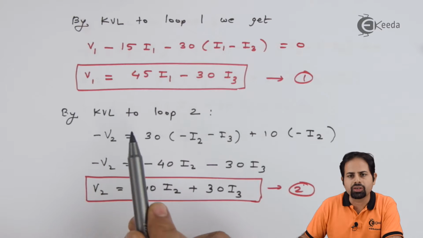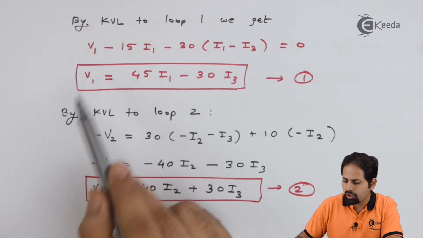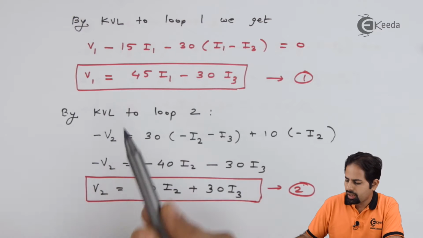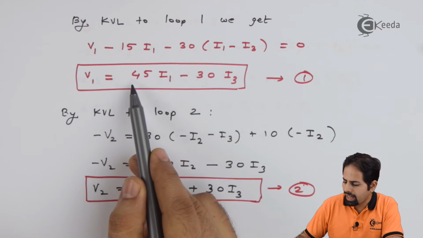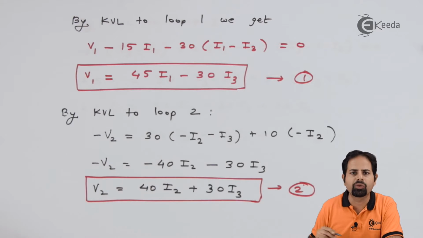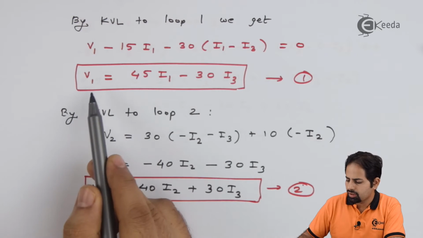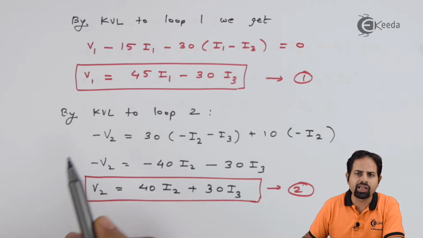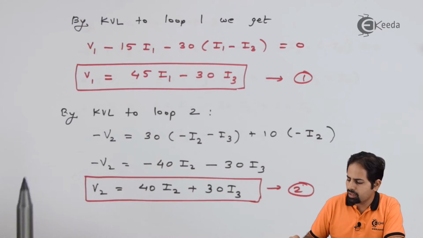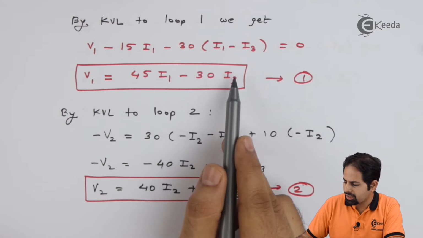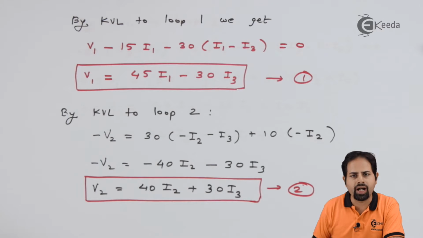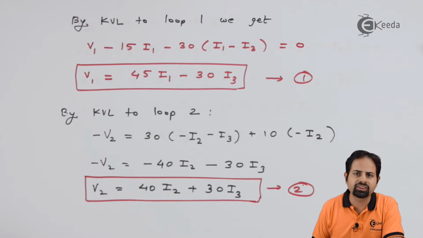So in this equation, if we substitute V1 equation, then first of all V1 will not be there and we will get I3 in terms of I1 and I2. So we can write I3 in terms of I1 and I2, and that is our aim. So let us substitute the value.